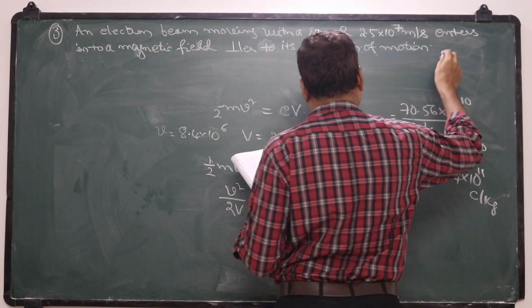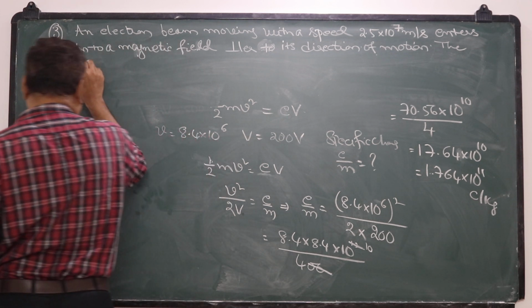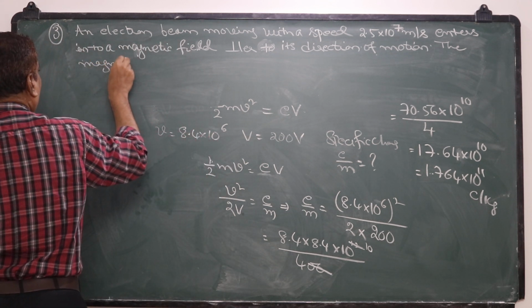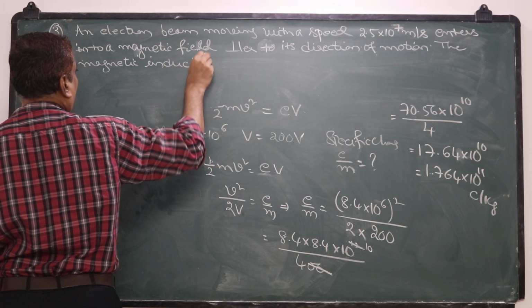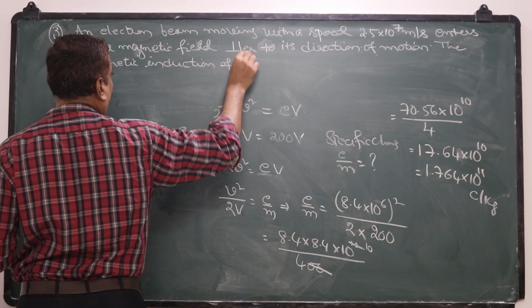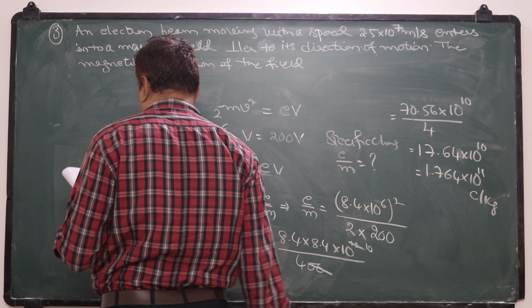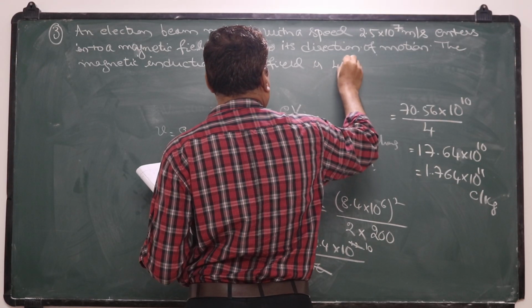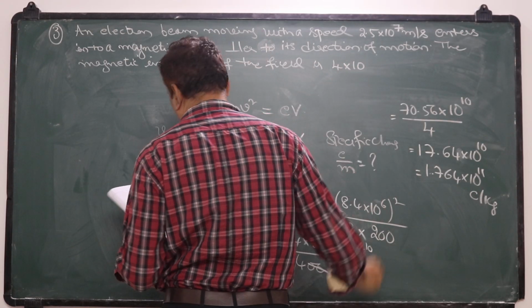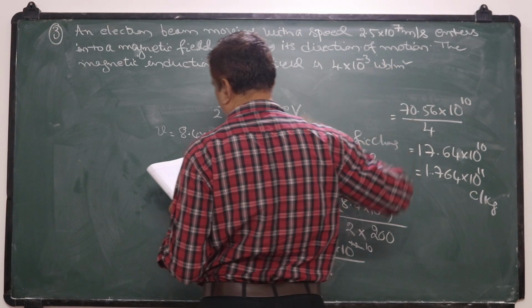The magnetic induction of the field is 4 into 10 power minus 3 Weber per meter square.